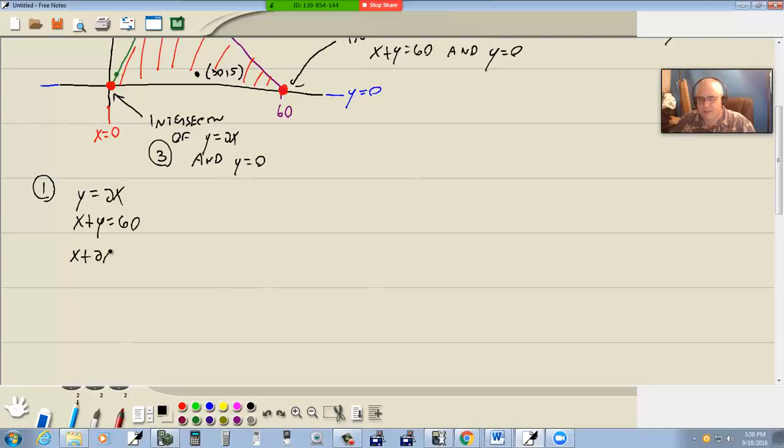So we got x plus 2x is equal to 60. We got 3x is equal to 60, or x is equal to 20. We're then going to plug that back in one of these equations, find out what y is. I'll plug in the first one. Y is equal to 2x, so I'm going to have 2 times 20, or y is equal to 40. So this point would be 20, 40.